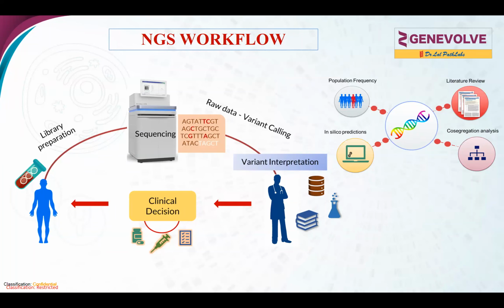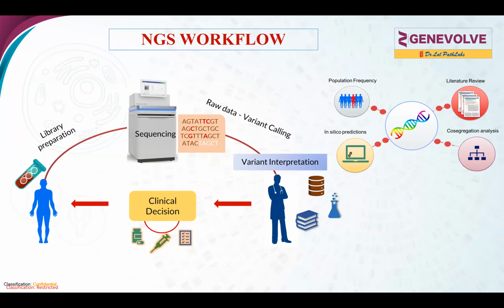When I'm looking at literature review, has this variation been reported earlier? Has this variation been targeted earlier? And what is the follow-up of those patients? When you're looking at the in silico predictions, what happens with this variation? Does it change the conformation? Does it change any part of the protein which is being formed by that specific gene? So that is the in silico predictions.